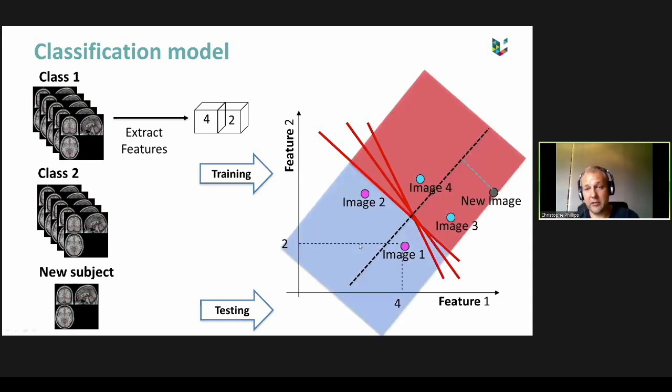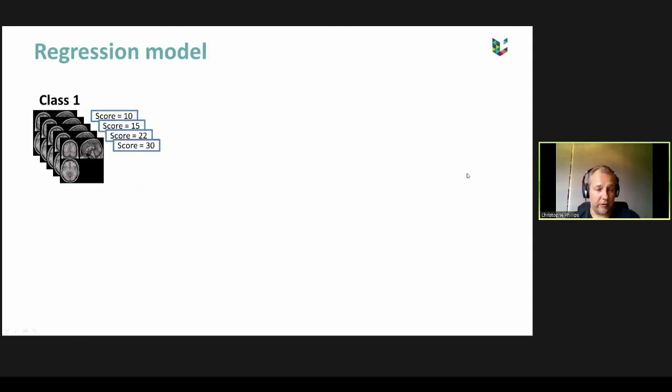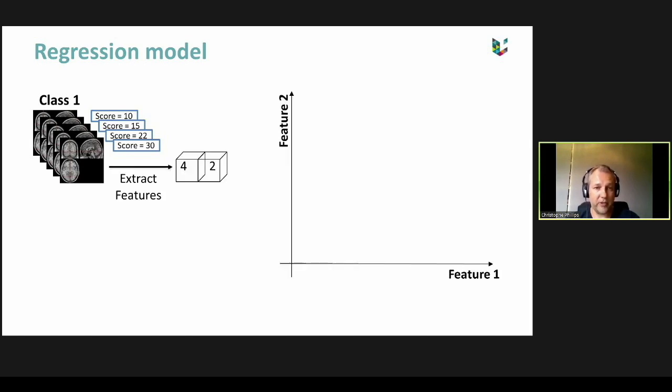And in this case, this is obviously one image that would be coming from the second class. When it comes to regression, we're doing pretty much the same. With a simplified example of extracting just two features per image, you can represent each image with their associated score.